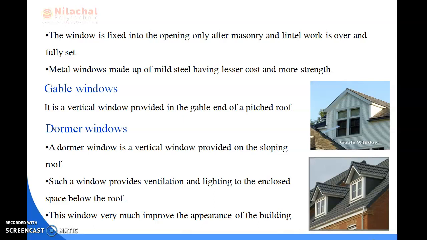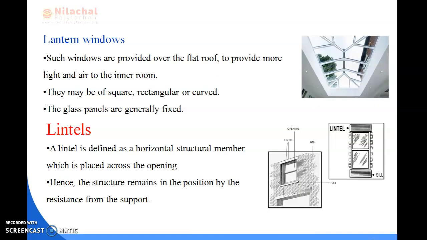This window very much improves the appearance of the building.